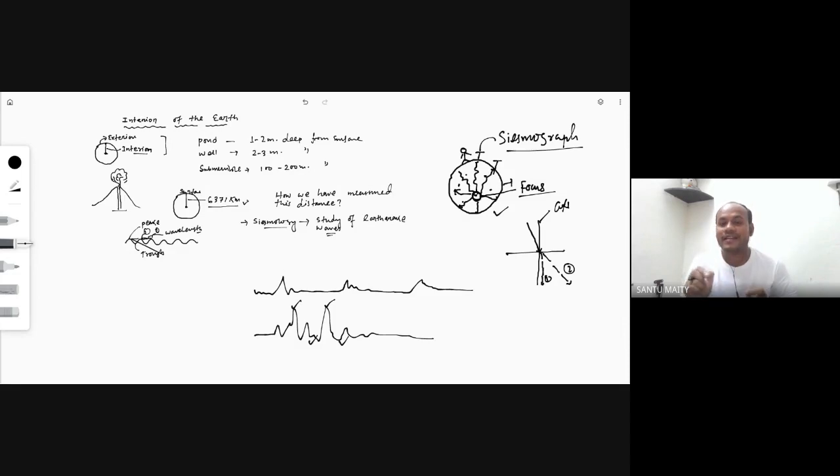From that graphical representation, we can interpret where the liquid material is available, where the solid material is available, and from which depth the earthquake waves are actually coming. Okay? This is our understanding for today.